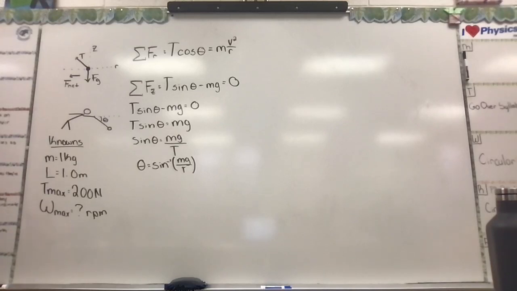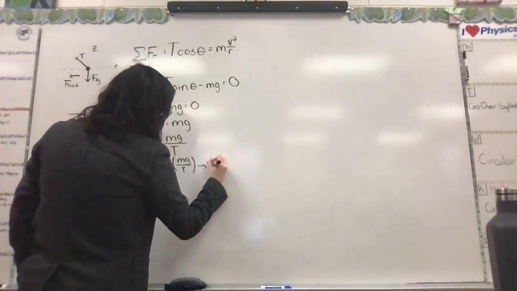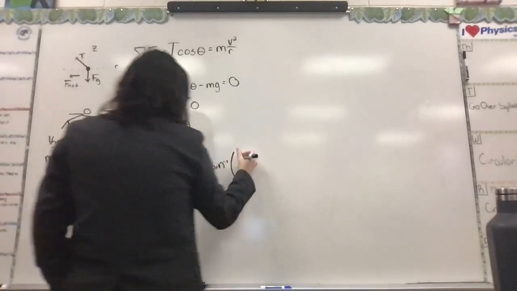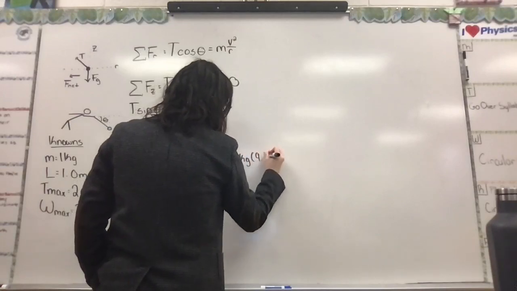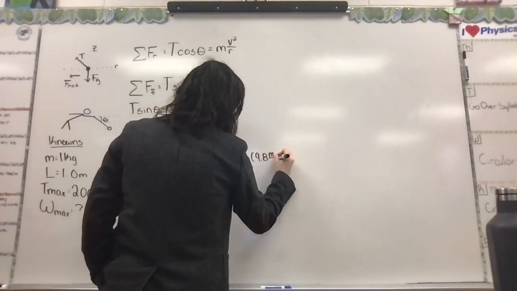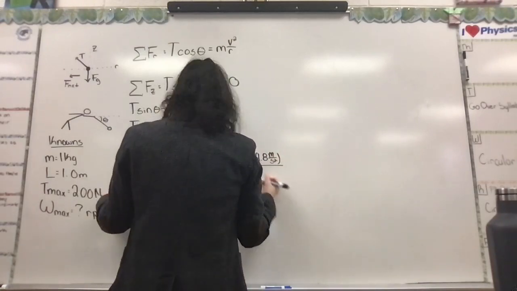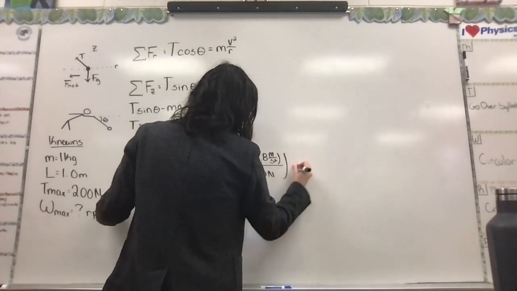Okay, so do we have everything we need to plug in? Yes, we do. So the inverse sine of our mass of 1 kilogram times what's G? 9.8 meters per second squared divided by our tension, what's our maximum tension? 200 newtons.